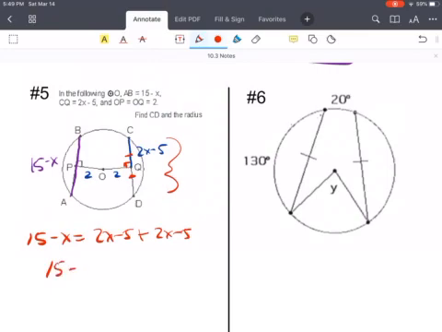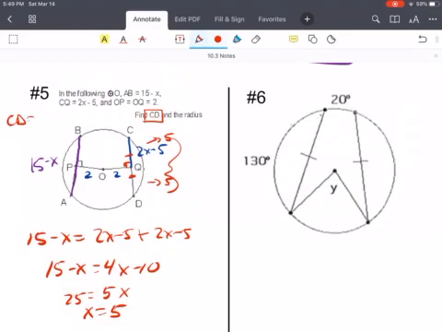So I can solve this equation and get x is 5, which can help me answer that question right there of CD, because each of these pieces are going to equal 5 now. So the length of CD is also equal to 5.